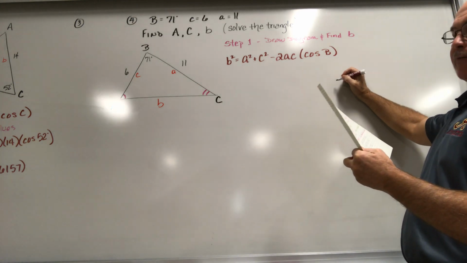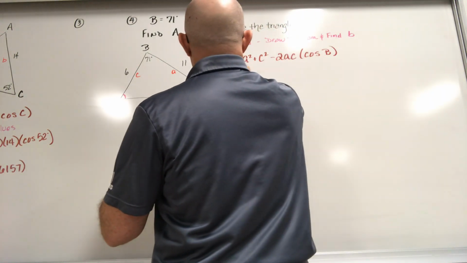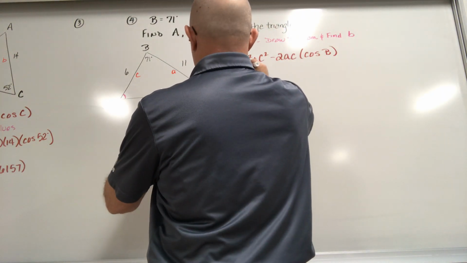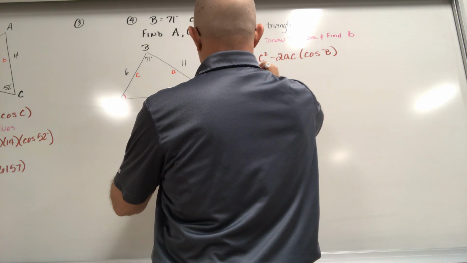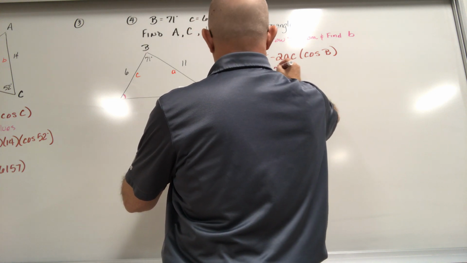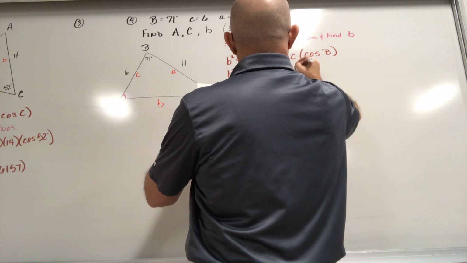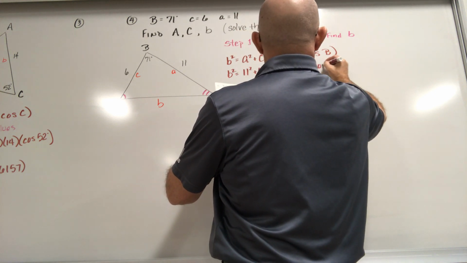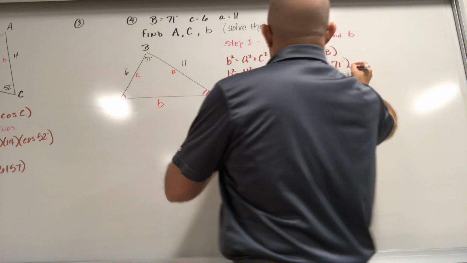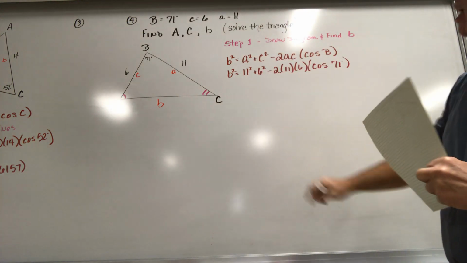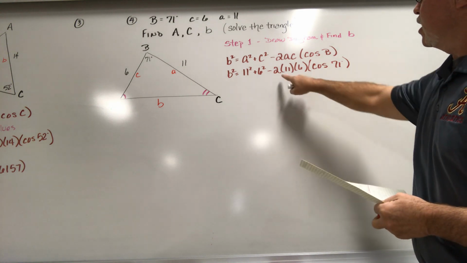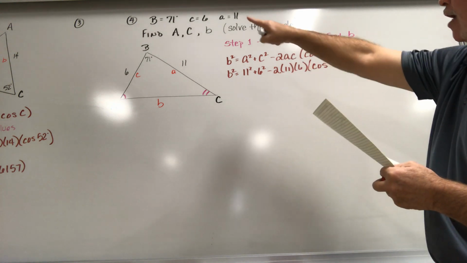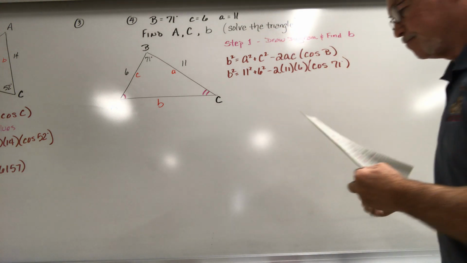Substitute your values. 11 is the A, 6 is the C, A, C, and cosine of 71 degrees.